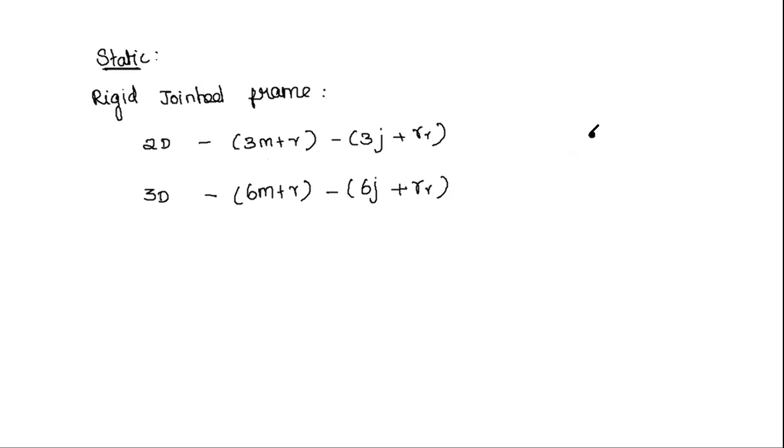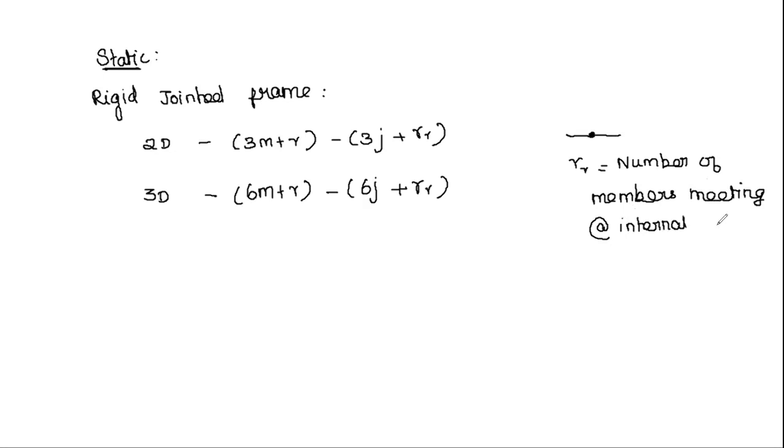So if you are seeing a hinge in a member, RR will be the number of members meeting at the internal hinge minus 1.